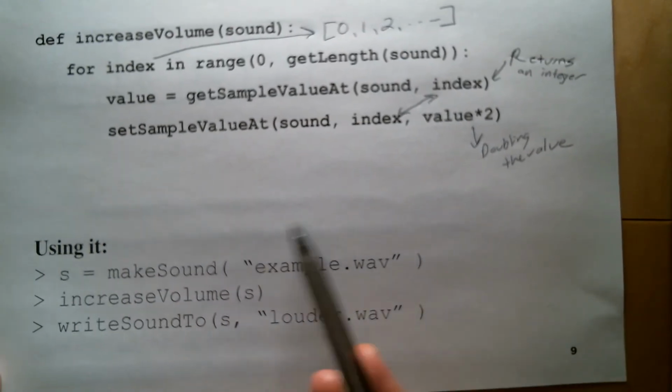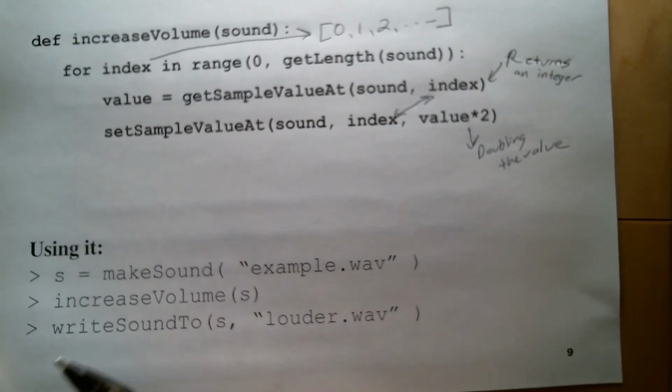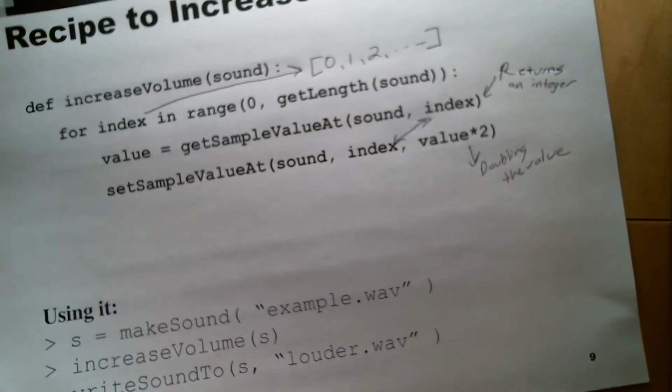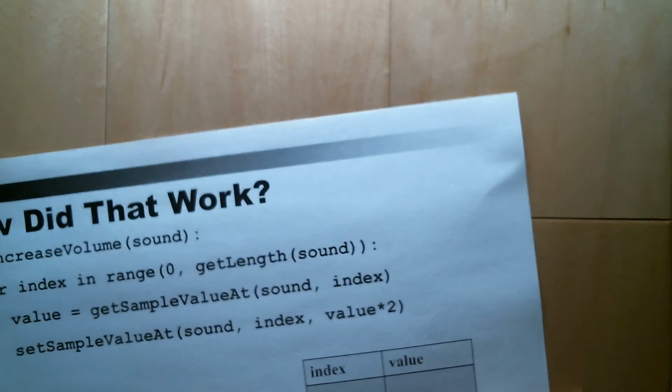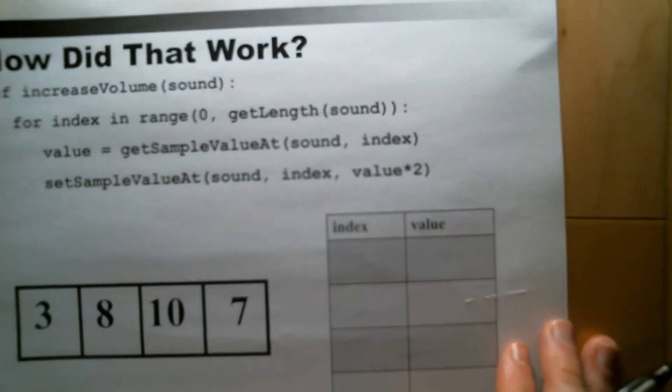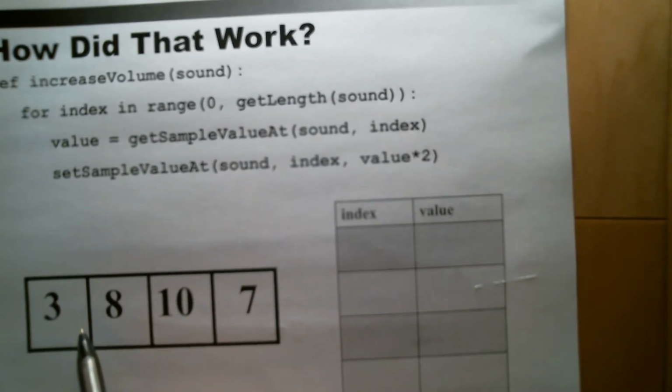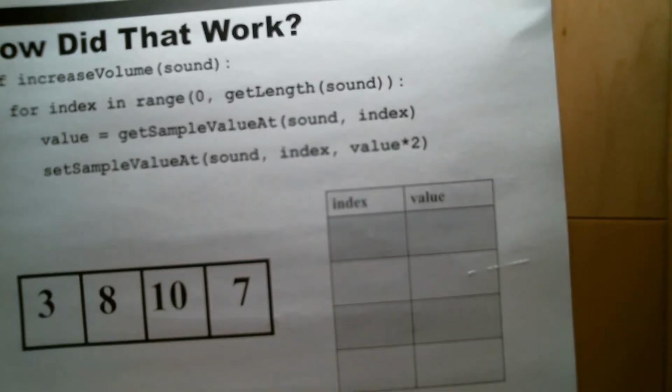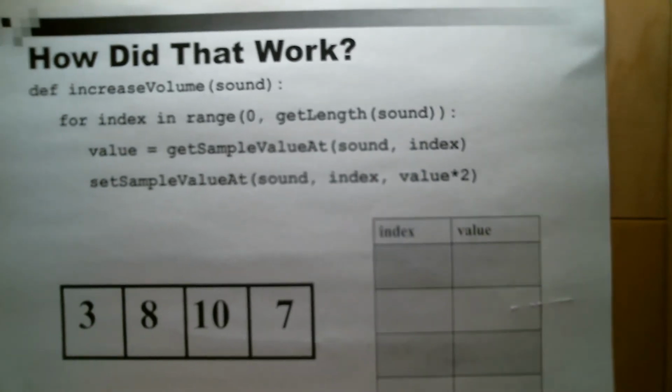All right, so here's an example of one function that would go through and increase the volume. Now, let's take a closer look at exactly how that would all play out. In our little example here, our sound only has 4 samples, so super tiny.